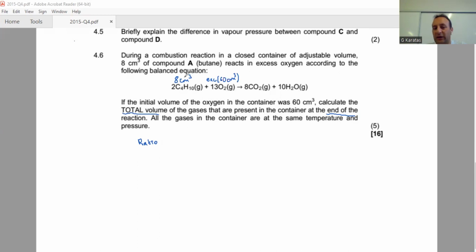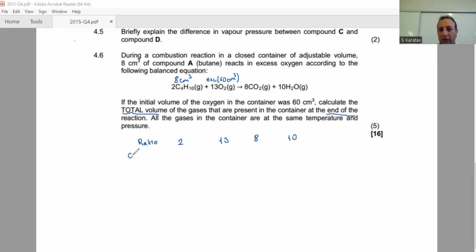But the good thing is, as all of the substances are in the gaseous state, we can use the volume just like the mole number, because temperature and pressure are the same. So we will just use the volume instead of mole number without any conversion. The ratios are 2 for C4H10, 13 for O2, 8 for CO2, and 10 for water.